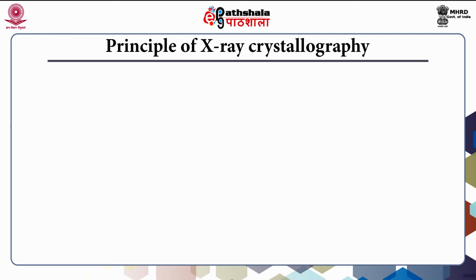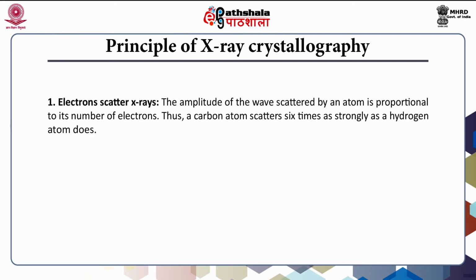The first principle of X-ray crystallography is that electrons scatter X-rays. This is a very important thing. What does it mean? The amplitude of the waves scattered by an atom is proportional to its number of electrons. Generally, when X-rays hit any atom, the atom contains electrons surrounding the nucleus.